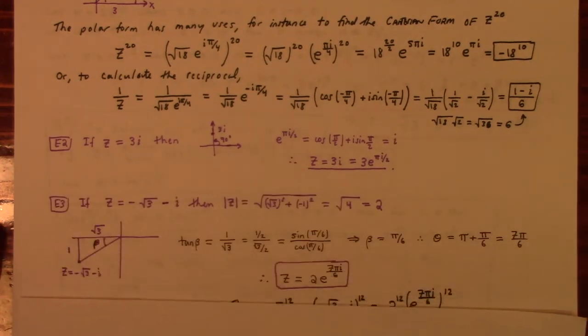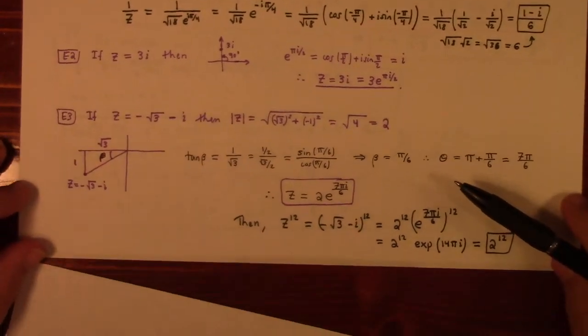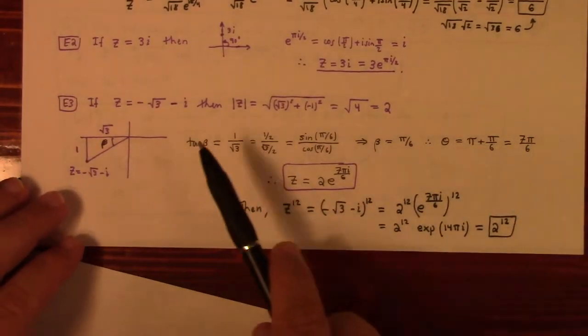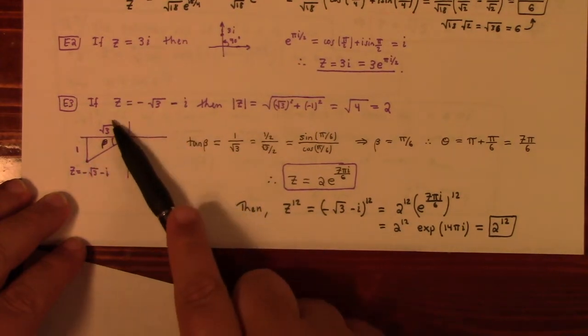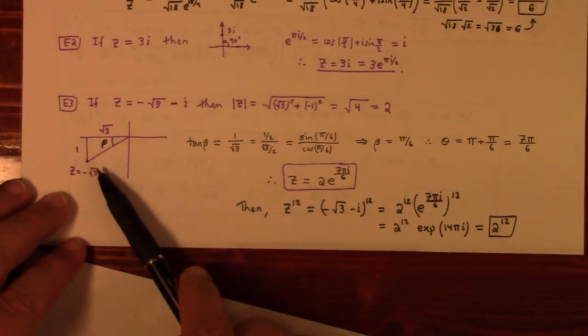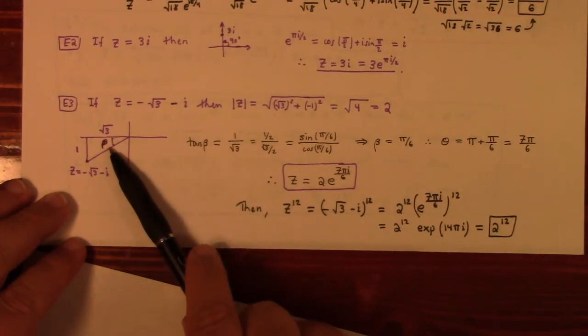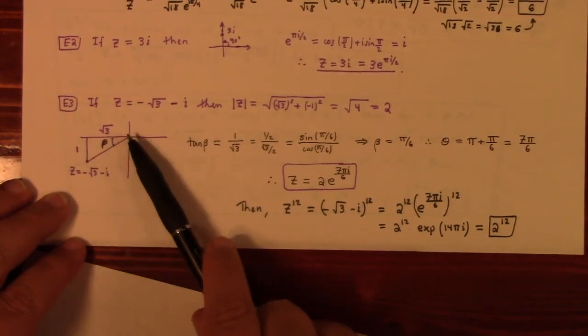3i can be written in polar form as 3 e to the pi i over 2. Example 3. Here we have minus root 3 minus i, so it's down here in quadrant 3. All right, so notice that the tangent of this angle I call beta would be 1 over root 3, opposite over adjacent.